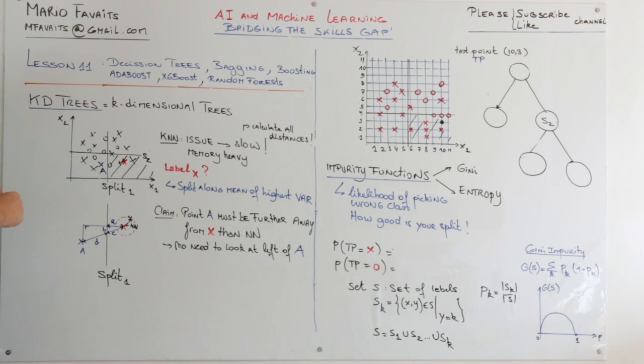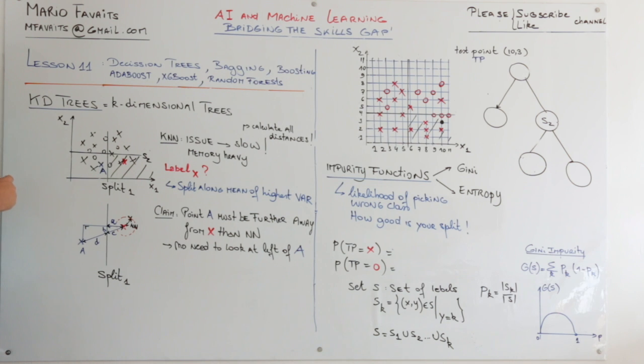Now, the claim that we're going to make is that the distance of the nearest neighbor to the red cross is always smaller than the distance of any point A on the left side of the split.